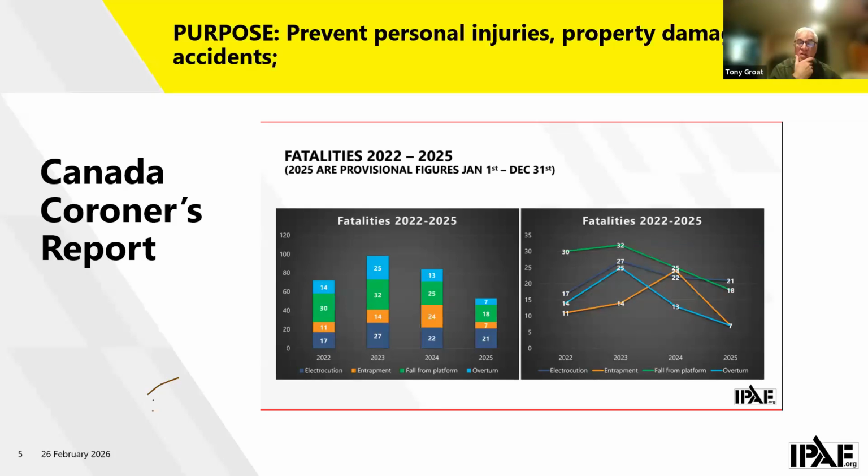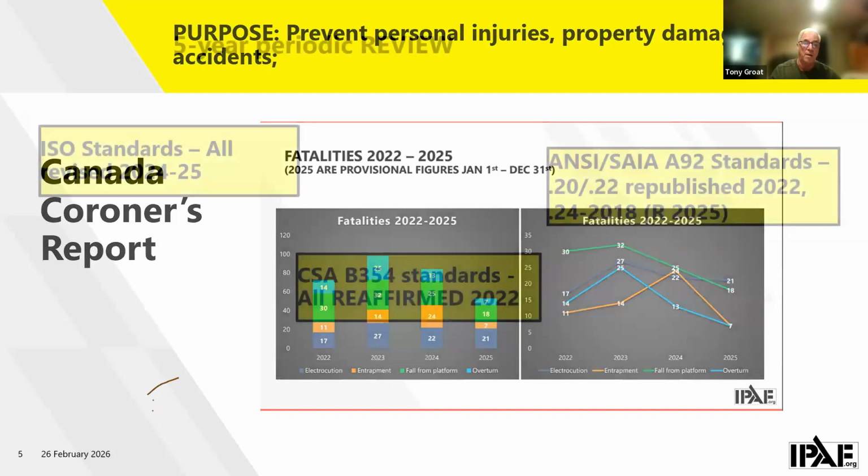When an incident occurs in Canada, the coroner goes through, does a report, and sends it to the industry standard bodies to say, here's an incident that occurred, and these are the things you want to consider as you're developing your next round of standards. So there is a very clear purpose within the intent of always improving safety with the standards that we are developing.